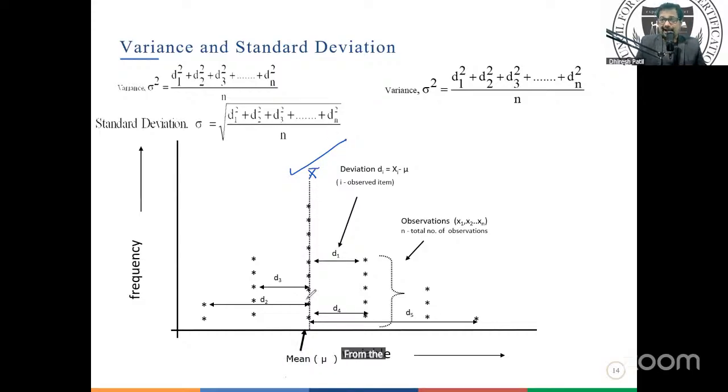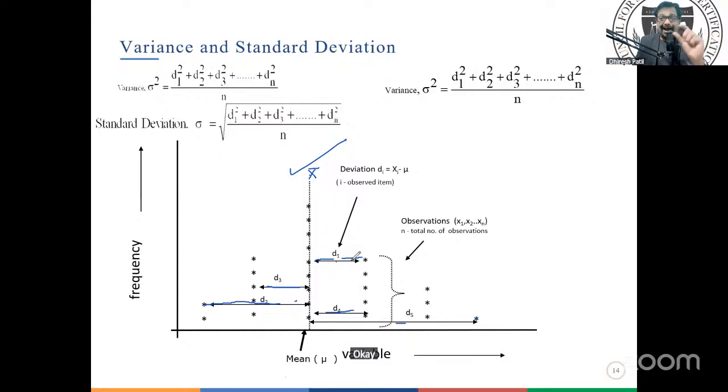From the mean value, we calculate the distance to each and every value. This is distance 1, distance 2, distance 3, distance 4, distance 5, etc. Every data point will have a different distance.